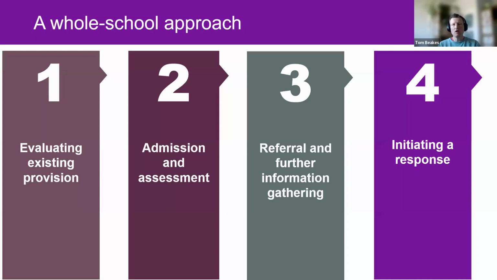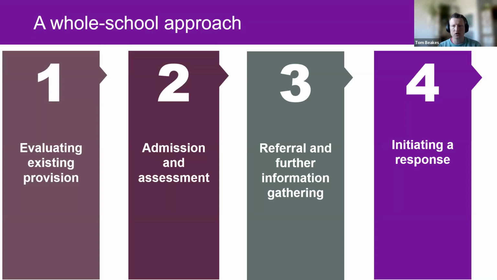So there are 4 areas that are useful to focus on when having this whole school approach, and we're going to look at each one in turn. First of all, evaluating what's happening at the moment in your school in terms of its approach to SEND and EAL provision. We can look at admission and assessment procedures and how we can refine those to encompass both EAL and SEND needs.